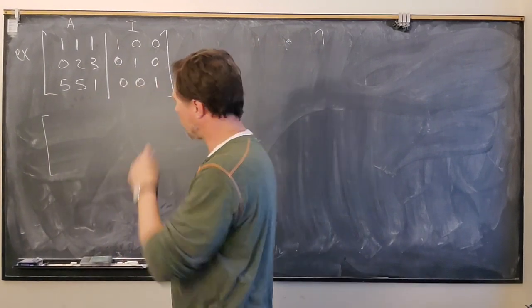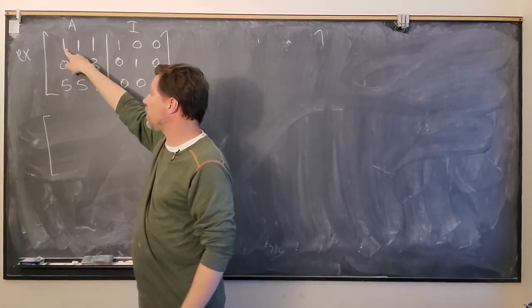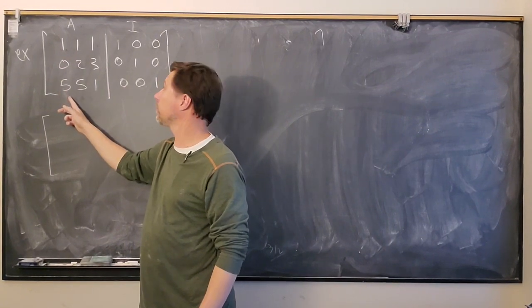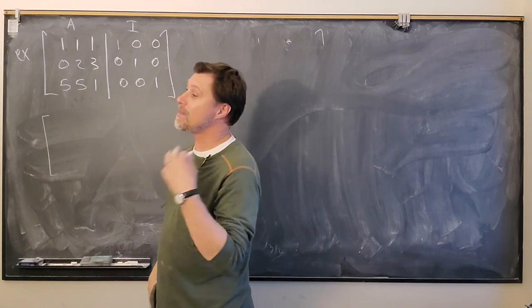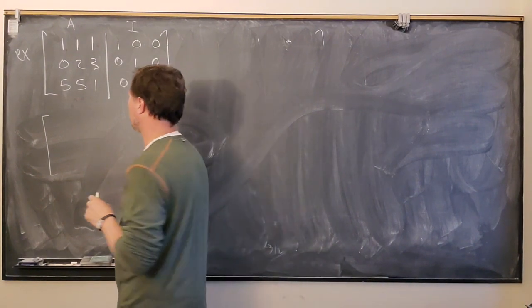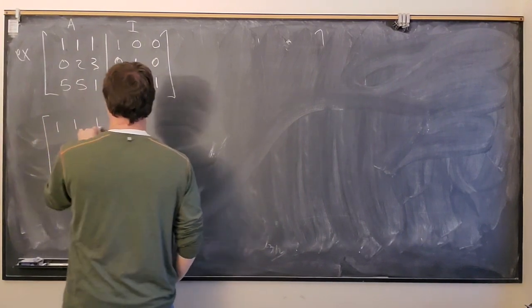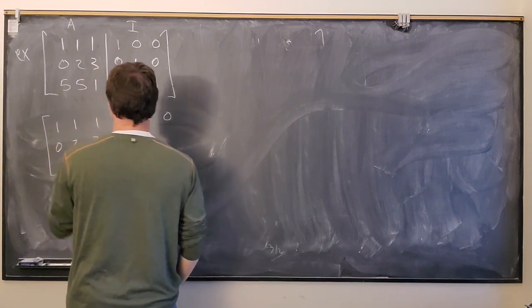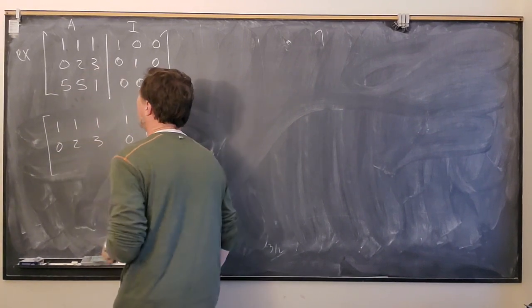So let's see. I've got a leading one right here, and a 0 below it. I'd like to turn that 5 right there into a 0 now. So what does that mean? Add -5 times the top row to the third row. 1, 1, 1, 1, 0, 0, 0, 2, 3, 0, 1, 0.